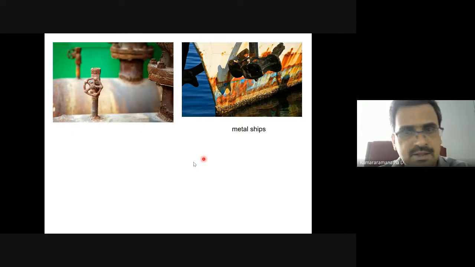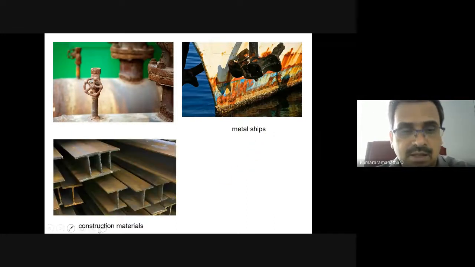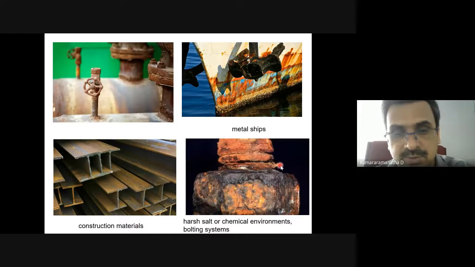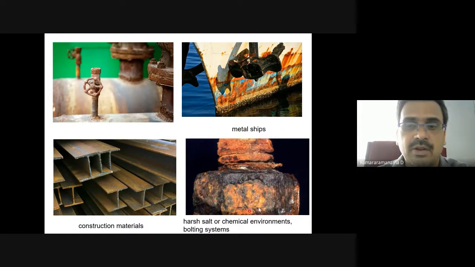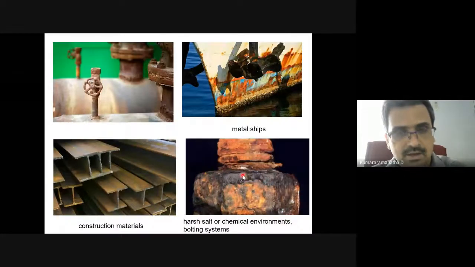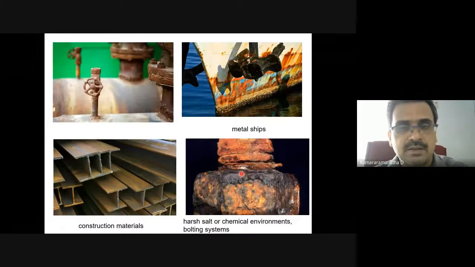There are several ways with respect to metal-based corrosion, like construction materials or ships, or harsh chemical environments, where you have water and metallic systems that can get corroded. I will probably stop at this stage and let us discuss more after the class, after the exam.